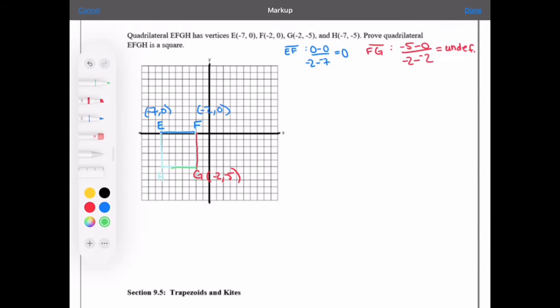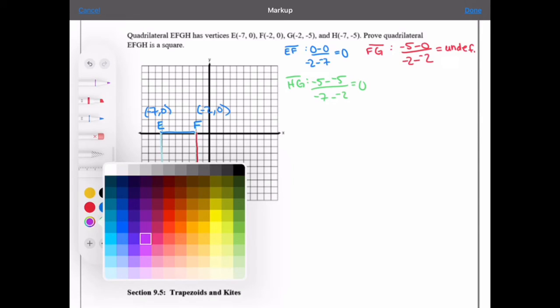Next, let's look at HG right here. Here's H, which is at -7, -5. So HG will be -5 minus -5 over -7 minus -2, which gives us 0.